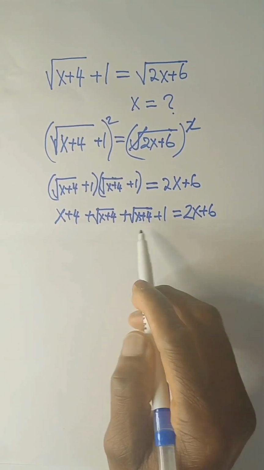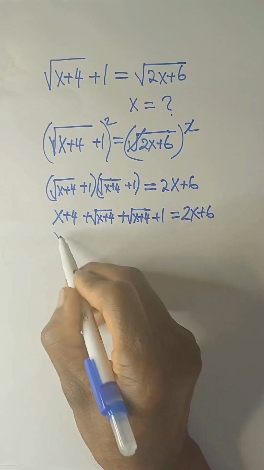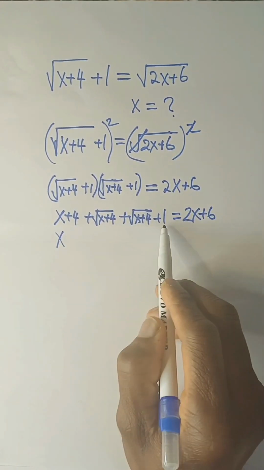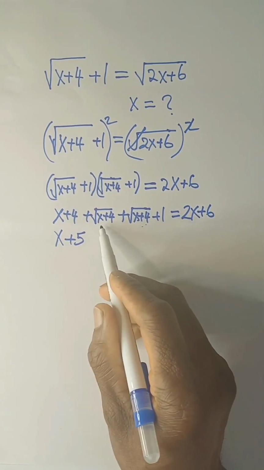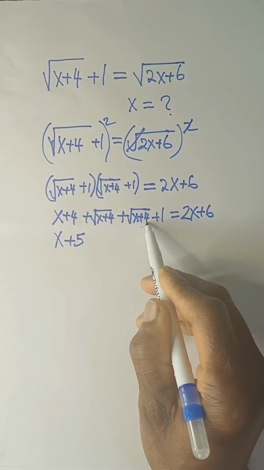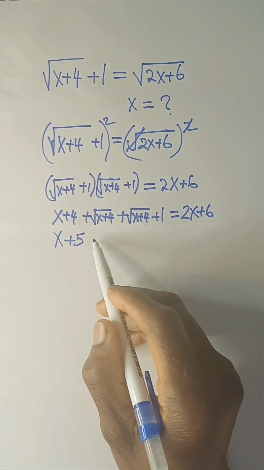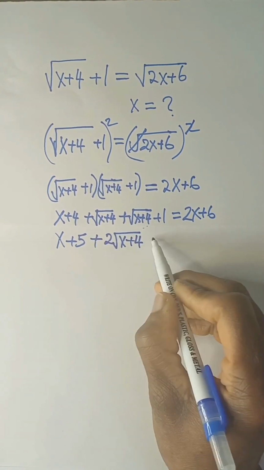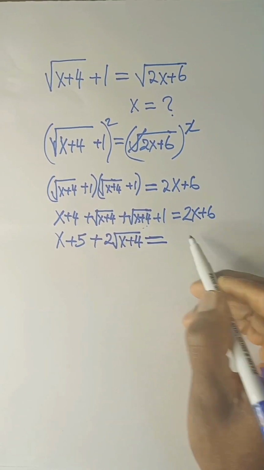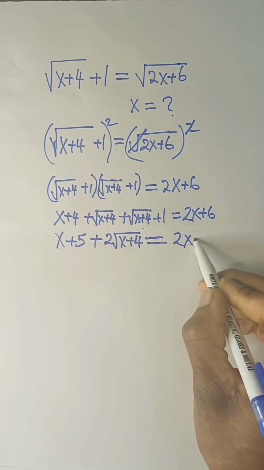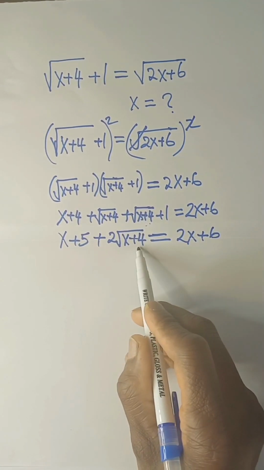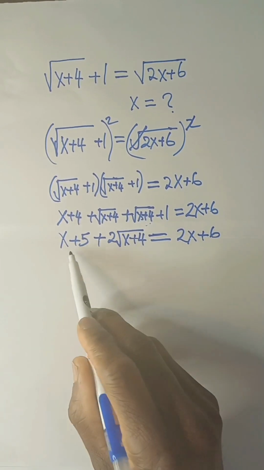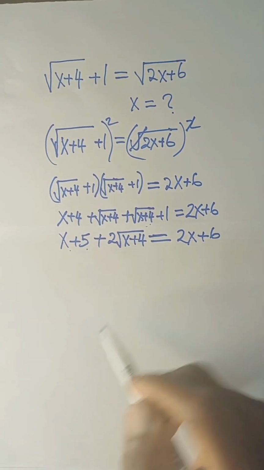Now let's simplify the left hand side a little bit. We have x. 4 plus 1, we will have 5. Plus the square root of x plus 4 plus the square root of x plus 4 will give us 2 square root of x plus 4. This is equal to 2x plus 6. Now, let us leave the term containing the radical on the left hand side, while we move x plus 5 to the right hand side.